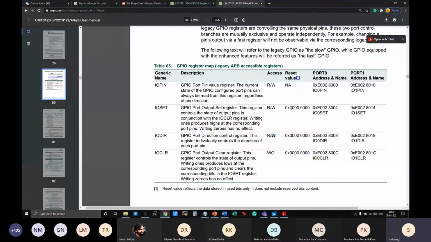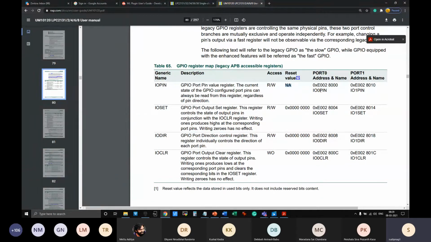Now after reset, the particular values are initialized. That means you can reset the microcontroller, and after reset recovery, these registers are initialized to certain values, in this case 0s, and in the case of IO pin there is no initialization, so you must do it with your code, preferably at the beginning of your program.